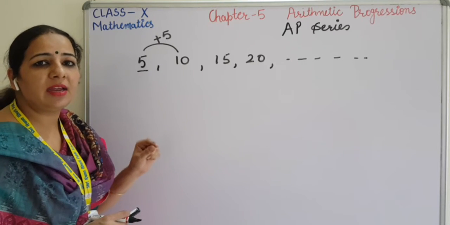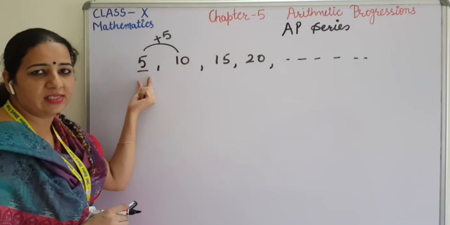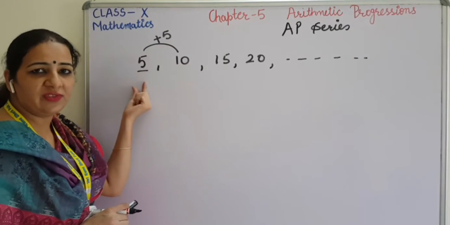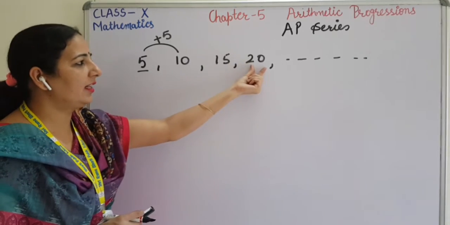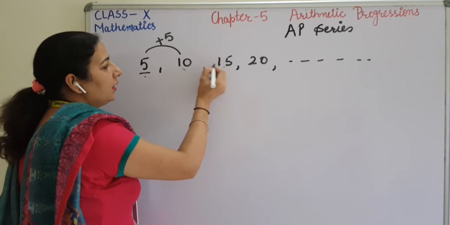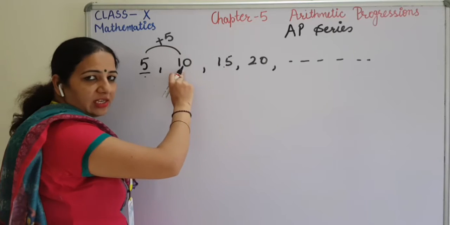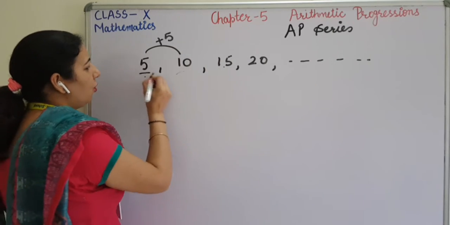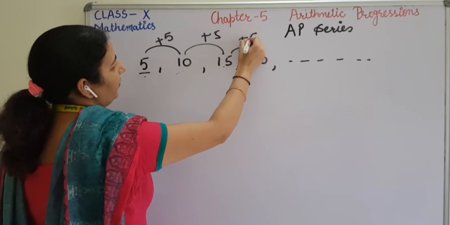The difference can be calculated by second number minus first number, third number minus second number, and so on. Third number minus second number means you have to subtract the previous one from the adjacent one. So the difference will be plus 5 and plus 5.